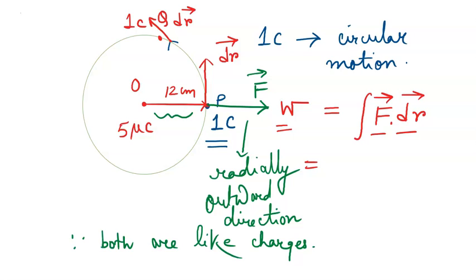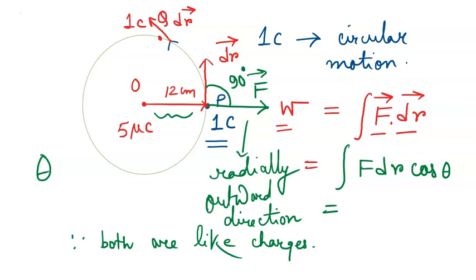So now F dot dr. What is the angle between the force vector and the dr vector? See, this is 90 degree. The force is radially outward and the displacement is tangential, so the angle between them is 90 degree. We know F dot dr will be F dr cos theta, where theta is the angle between these two vectors.